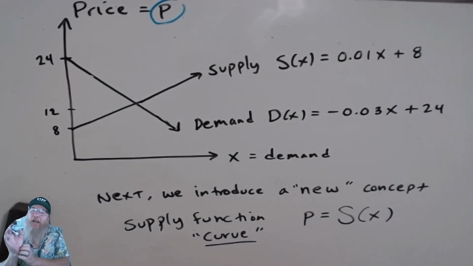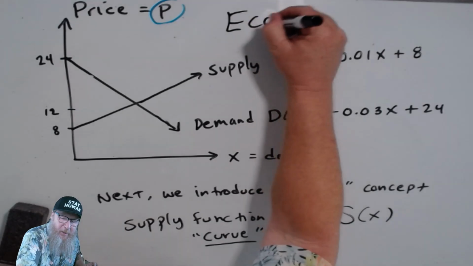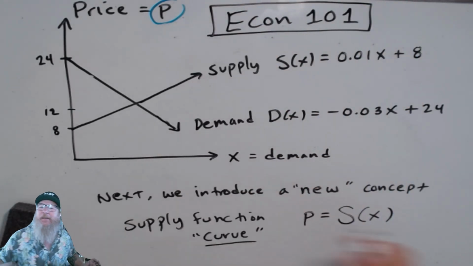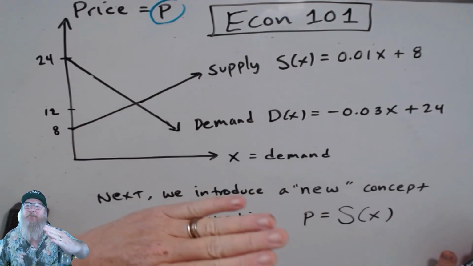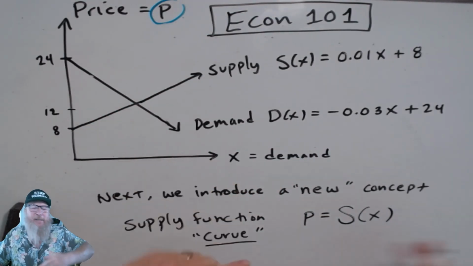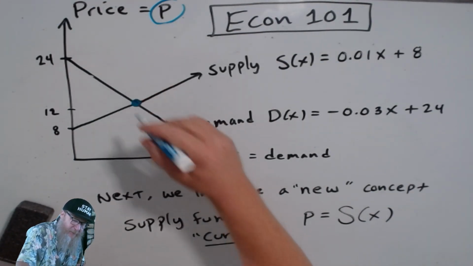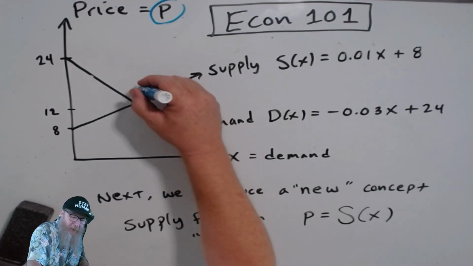And so this is classic economics 101. Intro to economics. Supply is increasing, demand is decreasing, and the point where they intersect is called the equilibrium point.